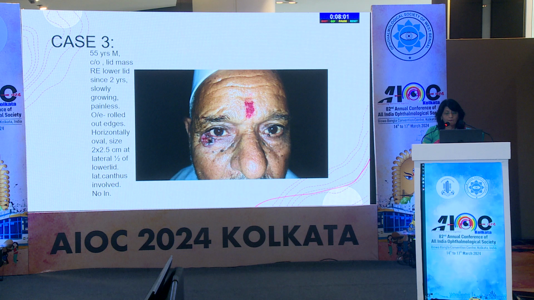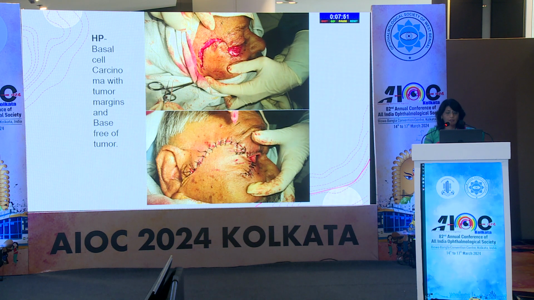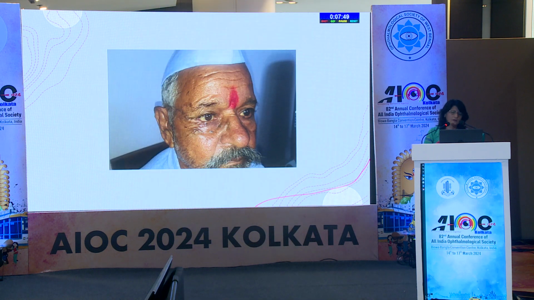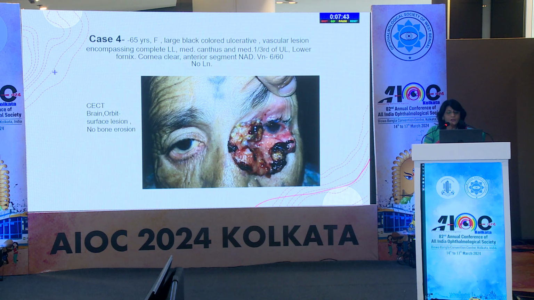This was another case with an ulcerative growth near the lateral canthus in the lateral part of the lower lid, and for him we went ahead with a Mustarde's cheek rotation flap, wherein the reconstruction was done very well. This was another very huge mass involving the complete lower lid, the medial canthus, and the medial part of the upper lid.